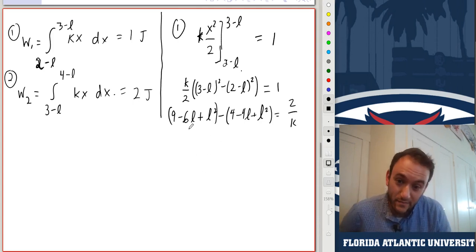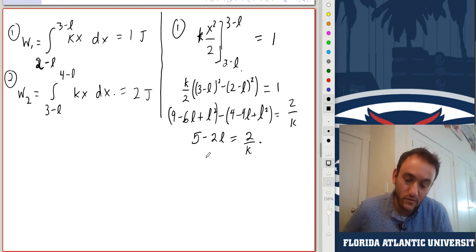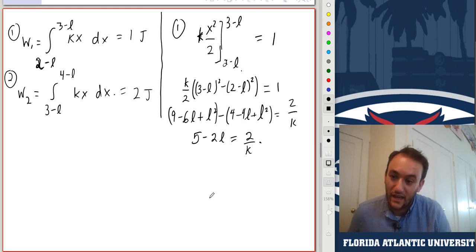And so we get 5 minus 2L equals 2 over k. Okay, so this is one expression. This is one relationship between L and k.